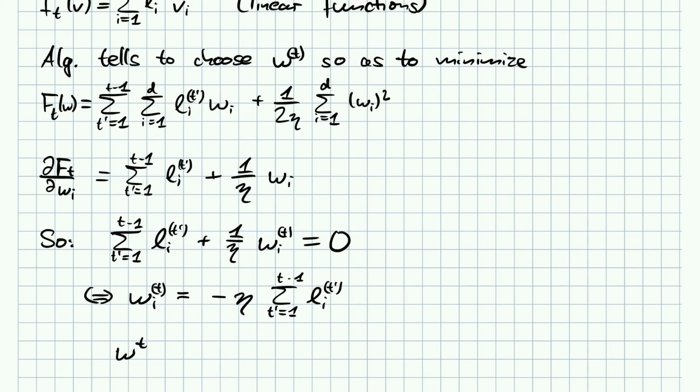Meaning that the entire vector w is nothing but minus eta times the sum of these vectors, or I can also write this recursively. I can say that this is the previous vector minus eta times the vector that I got in the last step.